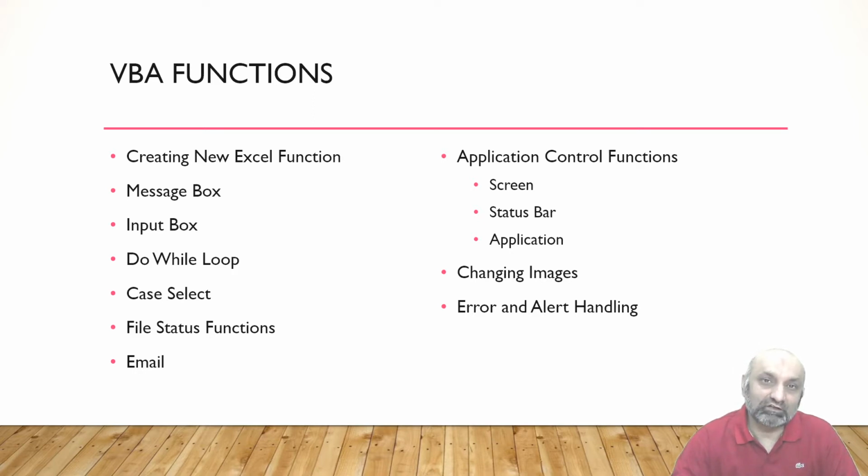Then we will, through the code, change images in our workbook. We will also handle the errors and the alerts that arise automatically while using VBA or Excel, so we can control that also.